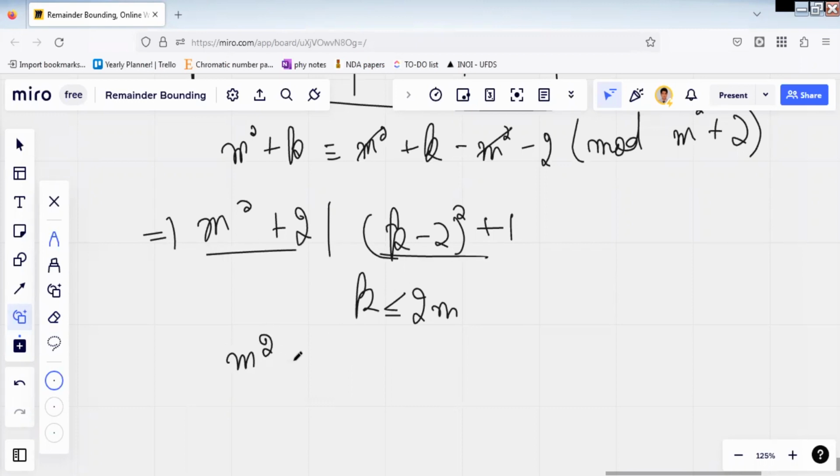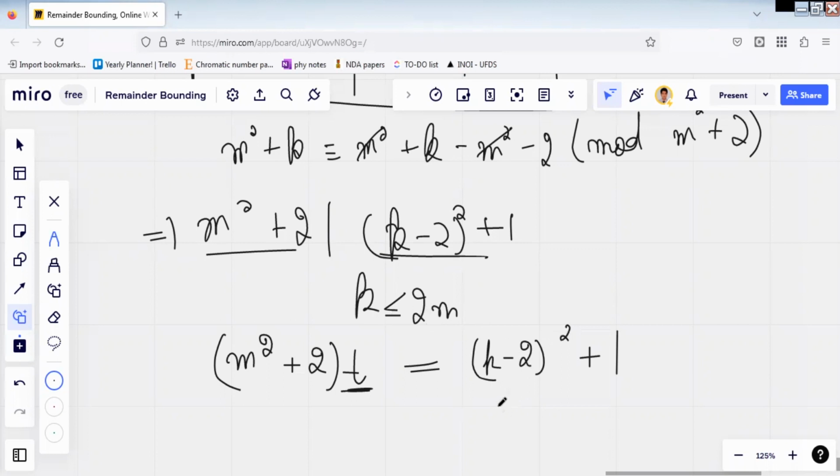So it's sometimes good to write m squared plus 2 times, let's say, some t, equals (k minus 2) squared plus 1. And now you try to find things about t. This is another idea in divisibility.